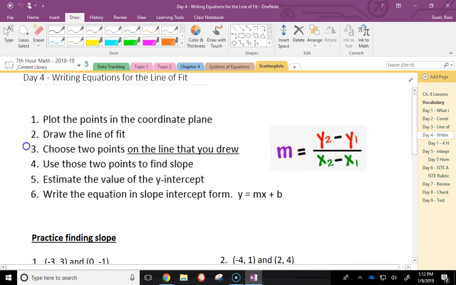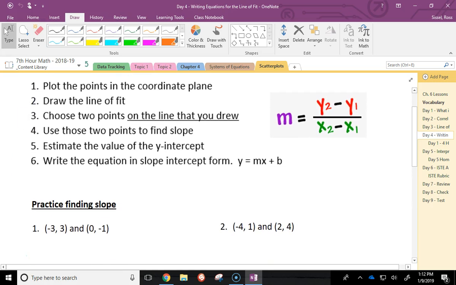We're going to do an example here, but when we do all of this, here were the steps that we're going to use. We're going to plot the points on our coordinate plane. We drew on our line of fit. Then what we're going to add in today is, from that line you drew, you're going to follow your line and choose 2 points on that line.